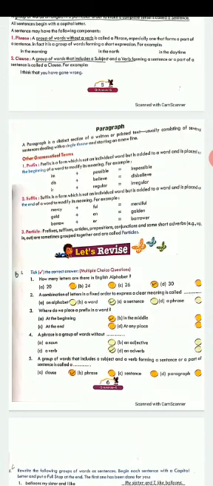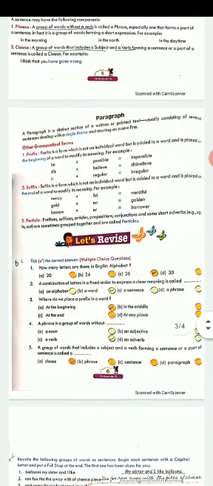Okay. Now there are certain other terms which are called grammatical terms. The first is prefix. It is not a word in itself, but it is placed at the beginning of a word to modify its meaning. Like you can see, they have given an example over here. Impossible.